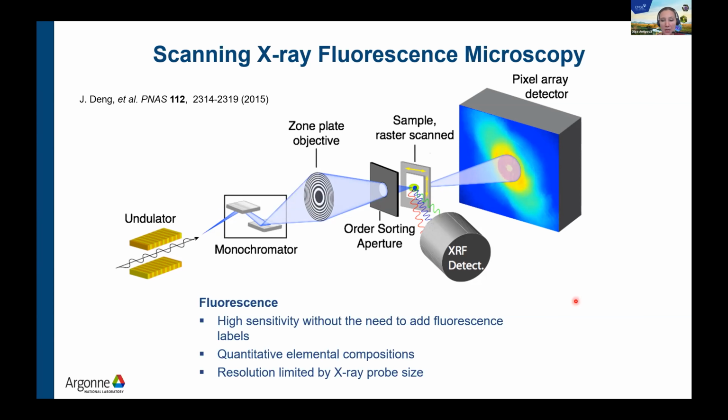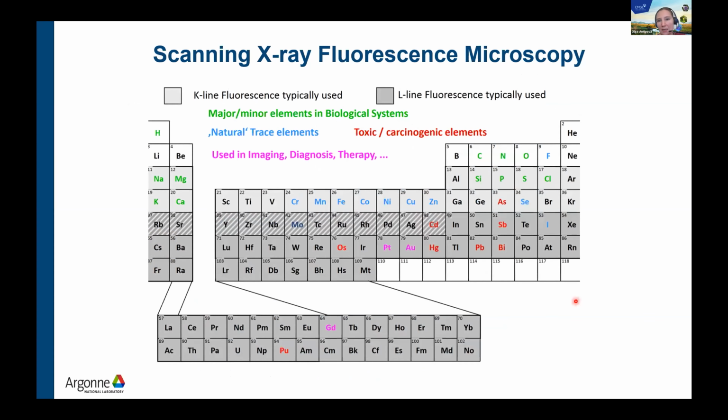This technique is highly sensitive to a whole bunch of elements, but it has some limitations. The main limitation for biological sciences is that we're blind to such important elements as carbon, oxygen, sodium, and so on.